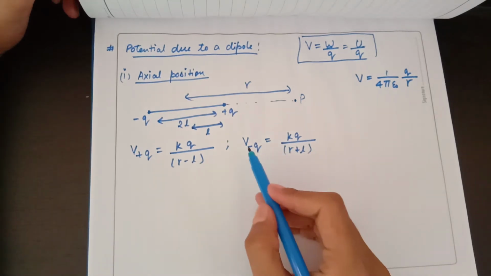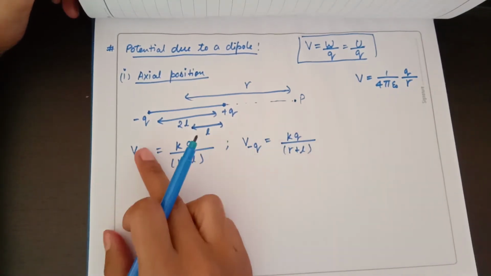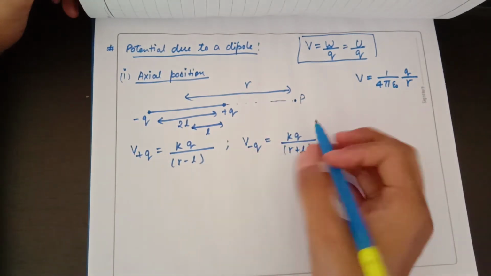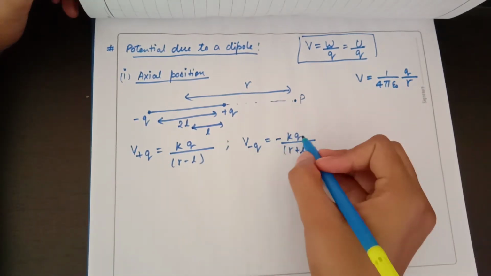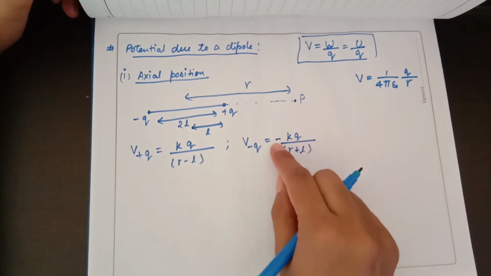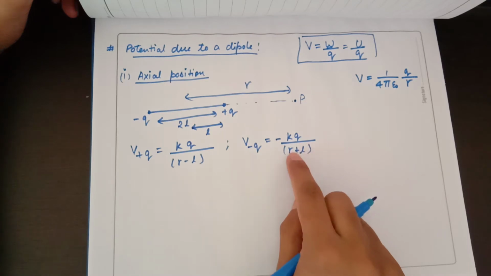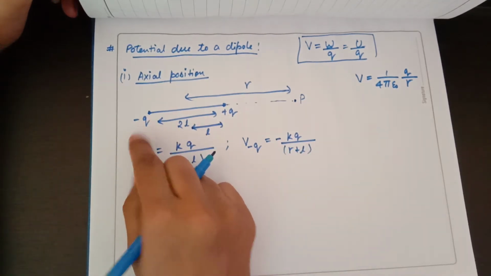As you know, this is the potential for minus Q and this is the potential for plus Q. So if I put the sign of Q in this formula, it will become minus KQ divided by R plus L, because this is a minus charge.